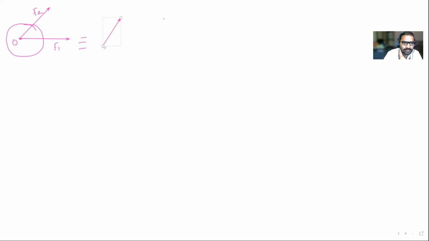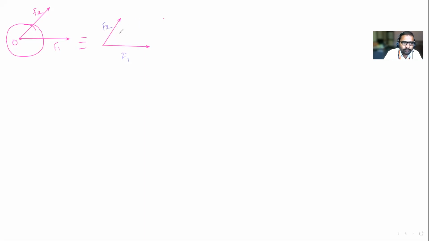So this is one force and this is another force. These two are represented as adjacent sides of a parallelogram. Along the x-axis, this is F1 force, and this is F2 force.